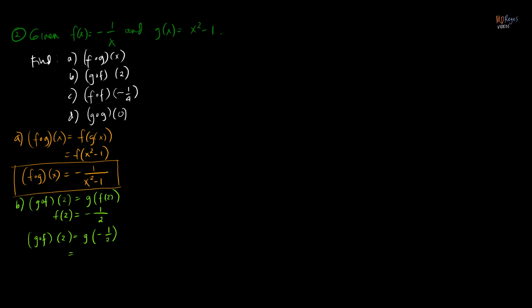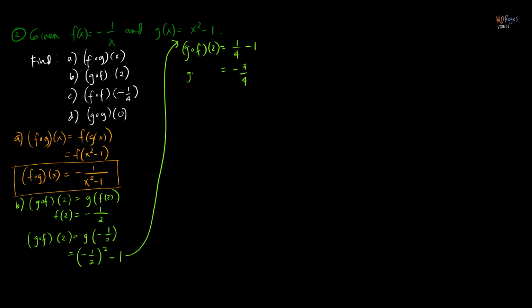We substitute -1/2 in the function g. -1/2 squared minus 1. So g circle f of 2 is equal to -1/2 squared is +1/4 minus 1. Now what is +1/4 minus 1? It's -3/4. So this is g circle f of 2.